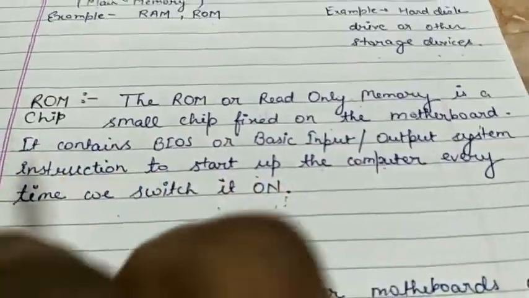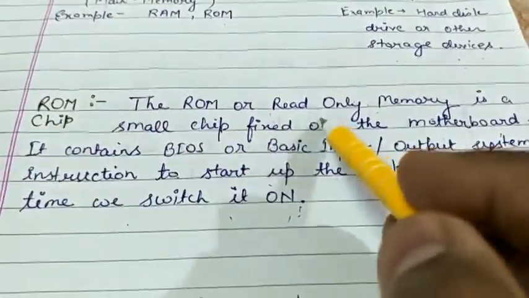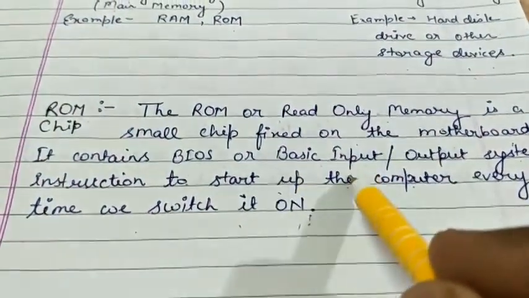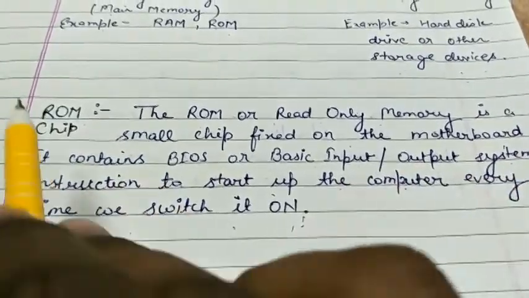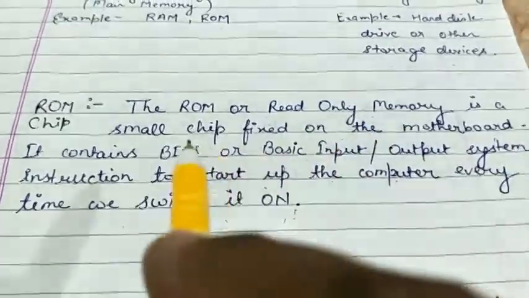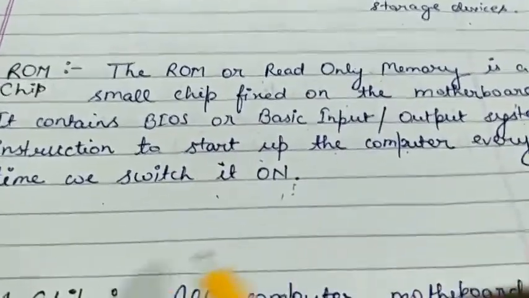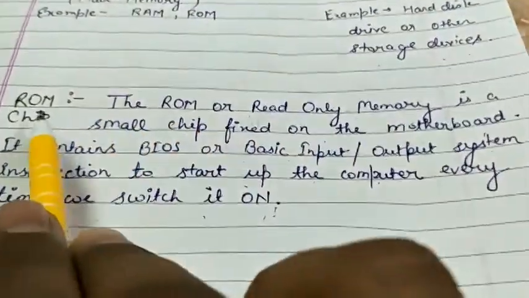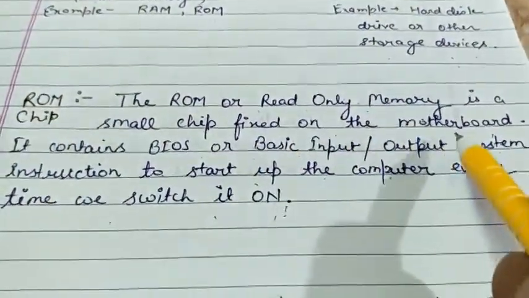Okay, the full form of ROM is read-only memory. Why? Because the basic input output system instructions are written in the ROM chip. You can read only. You cannot edit, you cannot change, you cannot update those instructions. That's why this is called read-only memory.